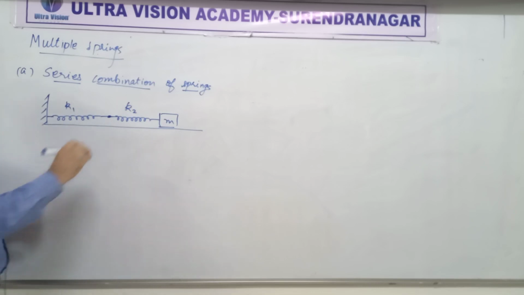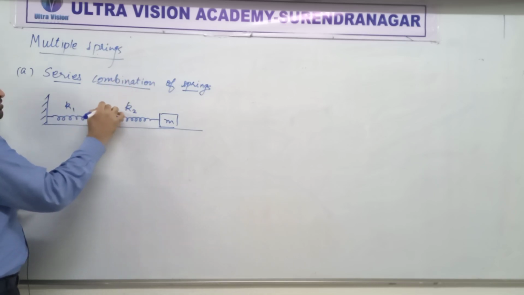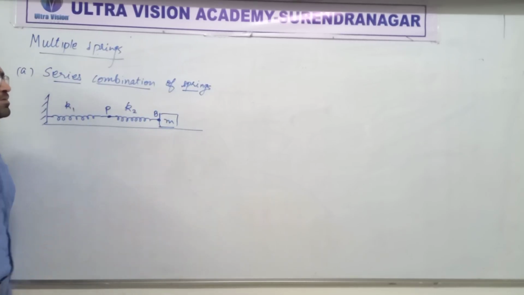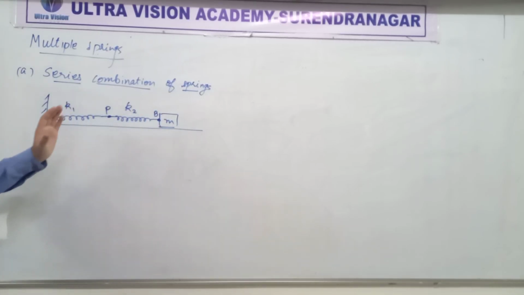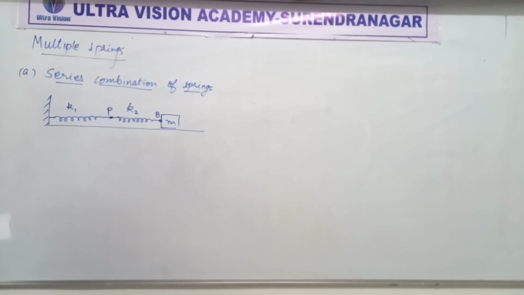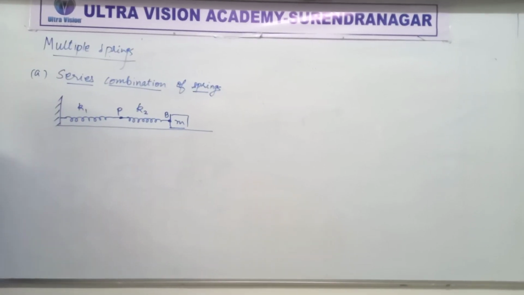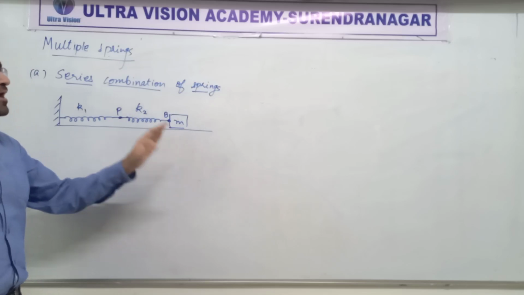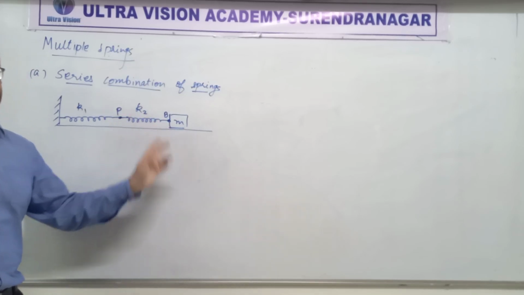Understood the diagram? So this is what a series combination of springs is. In this kind of situation, we are going to see what happens when this block oscillates, that is, how much is the time period, how much is the frequency, and all that.